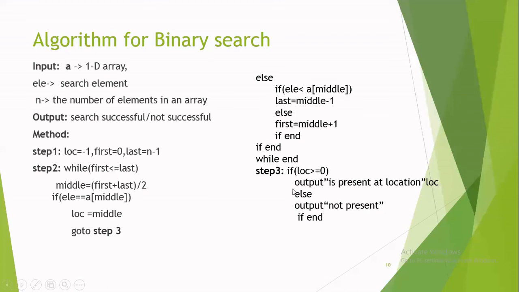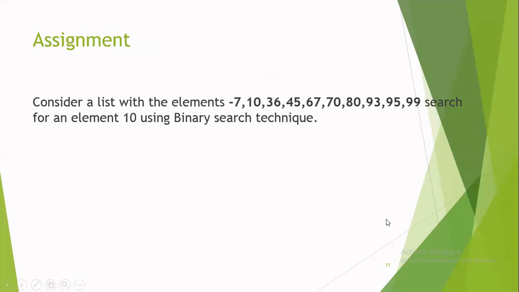So in the step number 3, you are going to check whether the location pointer variable is greater than or equal to 0. If this location pointer variable value is greater than or equal to 0, then the element is present at the location which is pointed out by this location variable, or else the element is not present in the list.